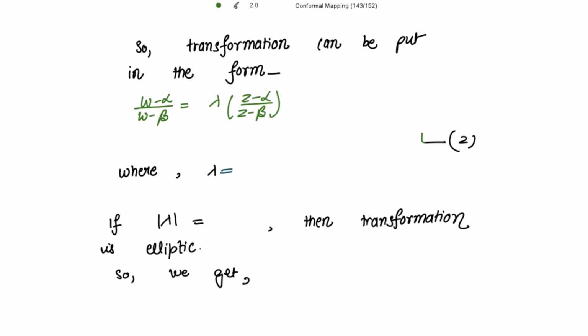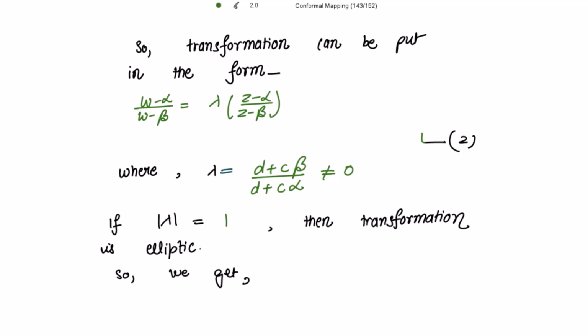Please mark this as 2, where this lambda is equal to d plus c beta over d plus c alpha, right? This is a finite constant.